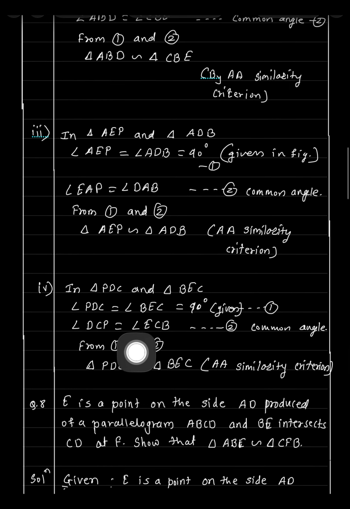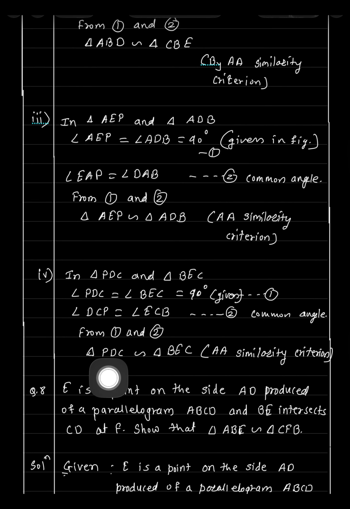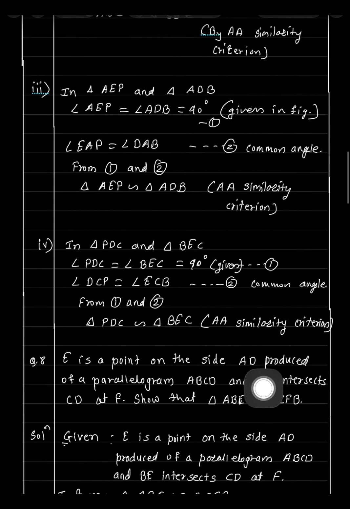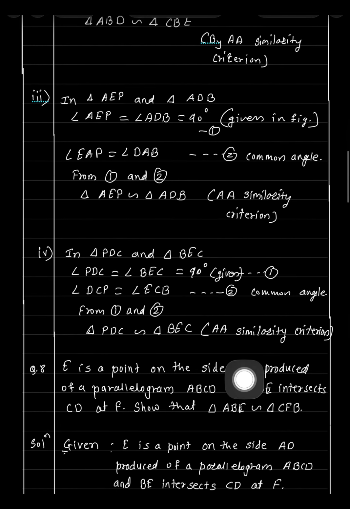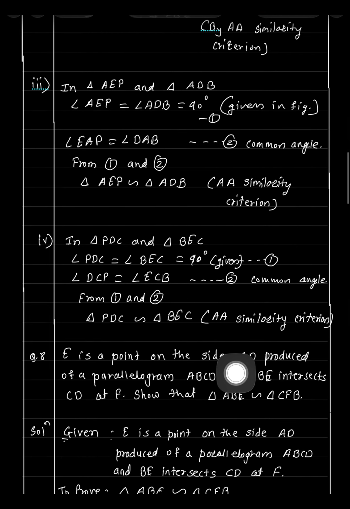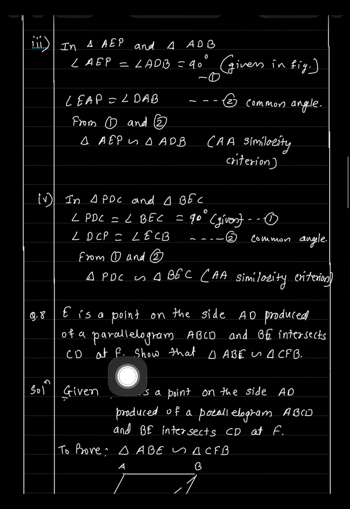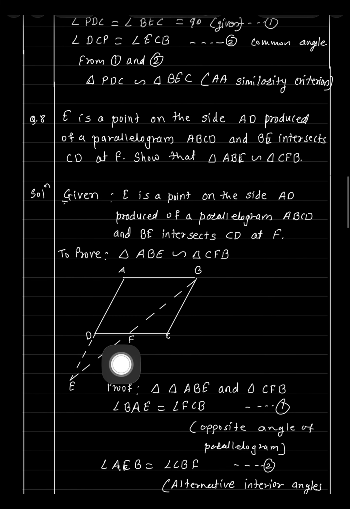And DCP equals ECB, a common angle. So from 1 and 2, triangle PDC is similar to triangle BEC by AA similarity criteria. So we solved all four questions. Very simple, in all four it comes the same, but with different angles as per the given triangles, and their common angle.